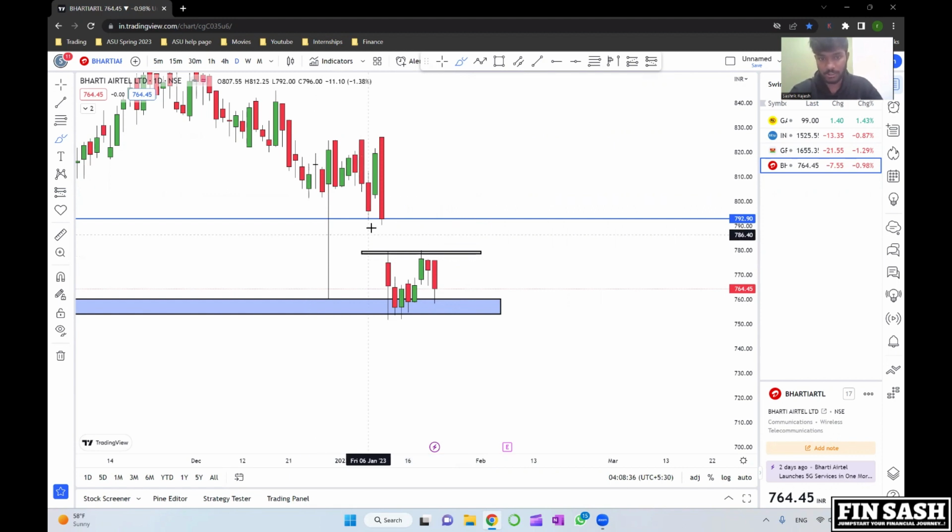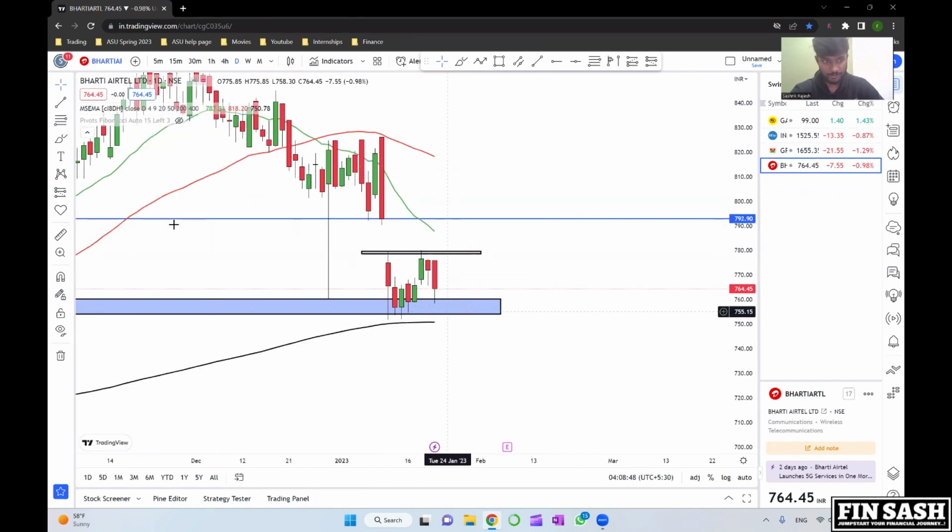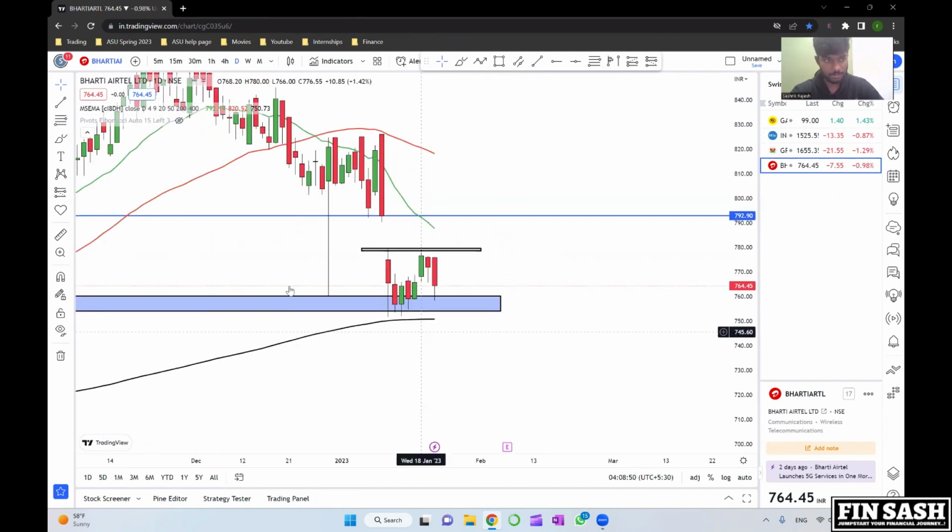This could be a quick target, and this could be my second target. Right, so you guys can copy the levels. Also, there's the 200 moving average here, so your stop loss can be below this level.